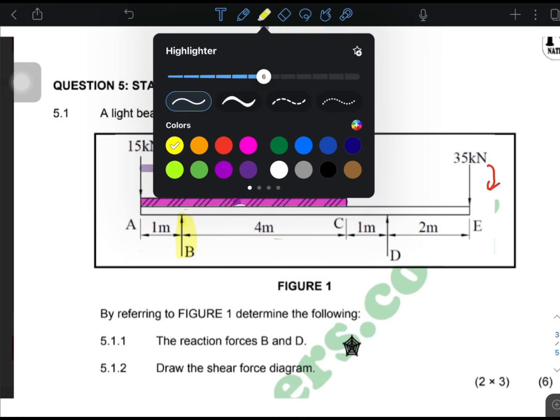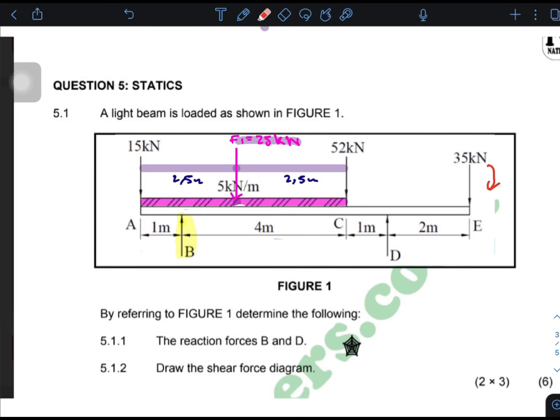Then I'm just gonna treat D as a force, as a normal force.